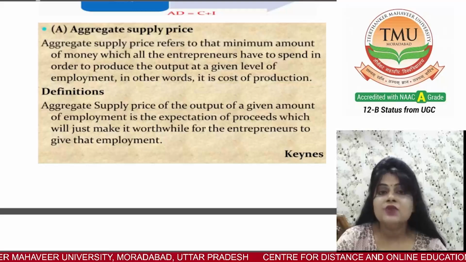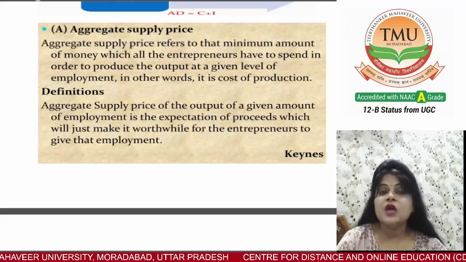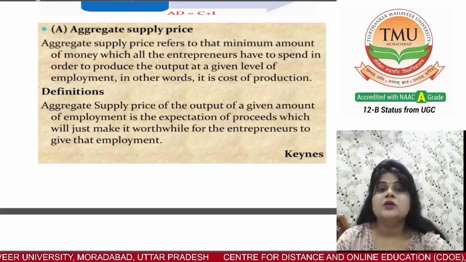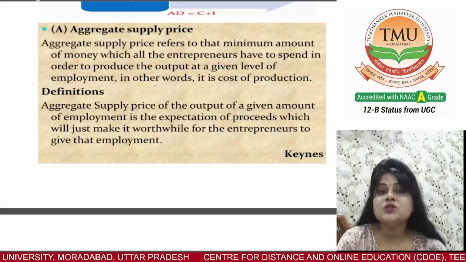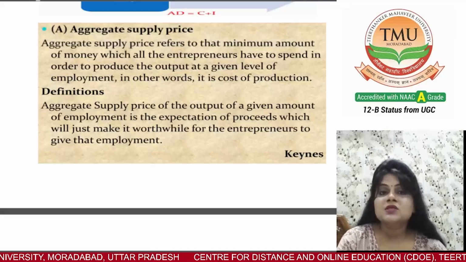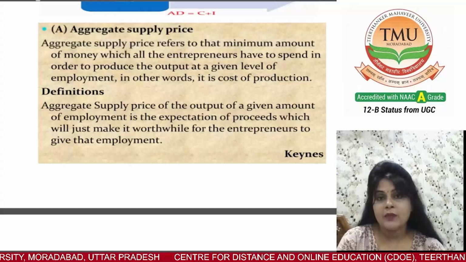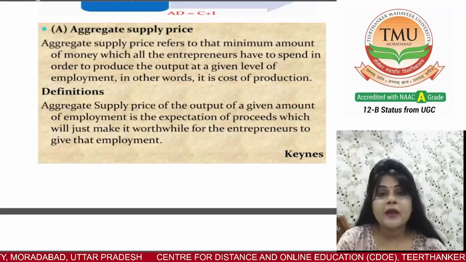Here, by price, we mean the amount of money which a producer receives from the sale of the output, the sale proceeds. Thus, aggregate supply price refers to the proceeds from the sale of output at each level of employment. And there are different aggregate supply prices for different levels of employment.